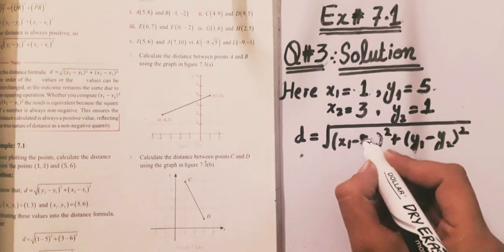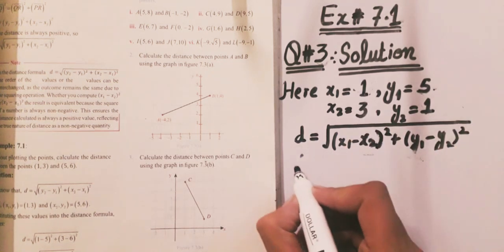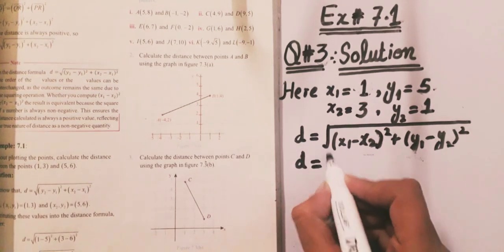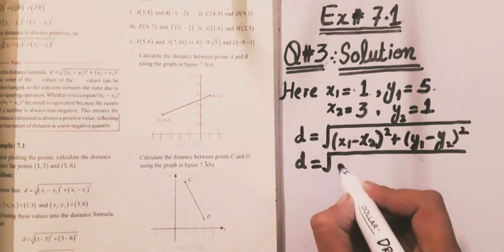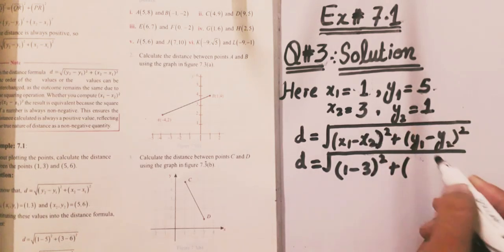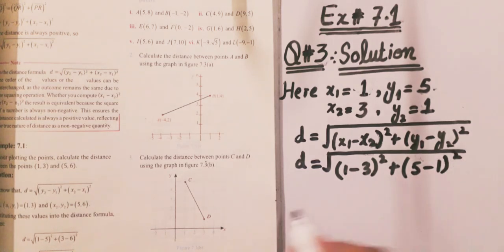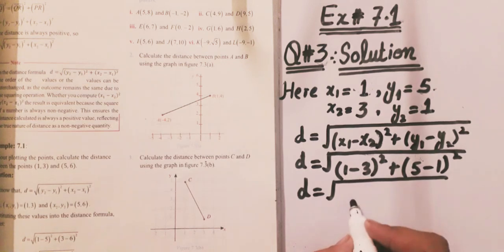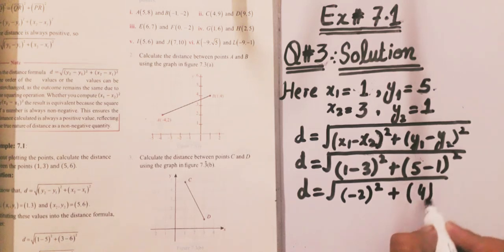So, we will substitute these values in this formula. Now, D is equal to square root of x1 minus x2 means 1 minus 3 whole square plus y1 minus y2 means 5 minus 1 whole square. Now 1 minus 3 will become minus 2 square plus 5 minus 1 is 4 square.